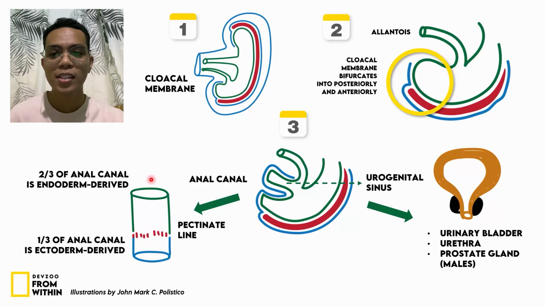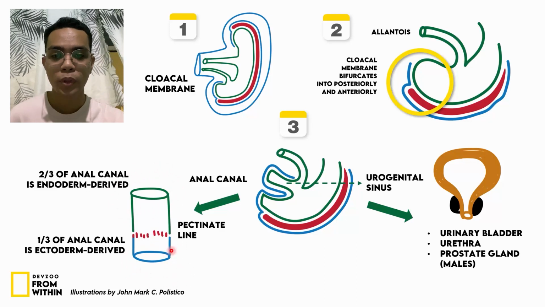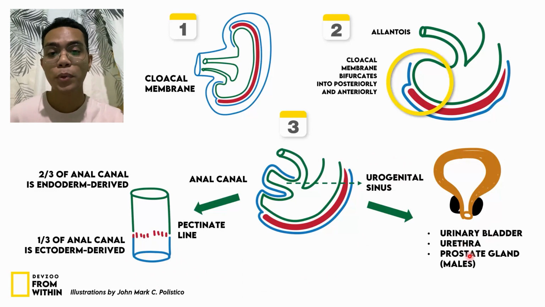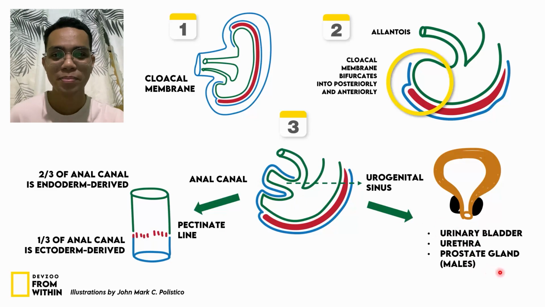Superiorly, this is the 2/3 endoderm-derived anal canal, and inferiorly is the 1/3 ectoderm-derived anal canal. Your urogenital sinus will give rise to urinary bladder, urethra, and prostate gland in males.